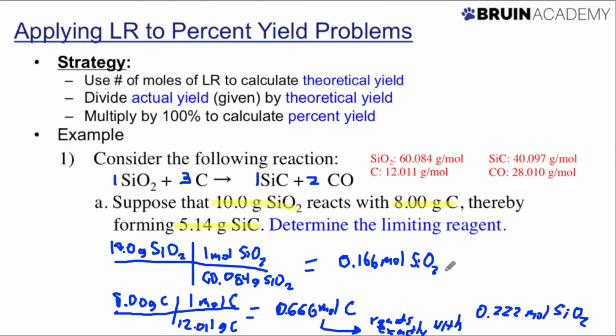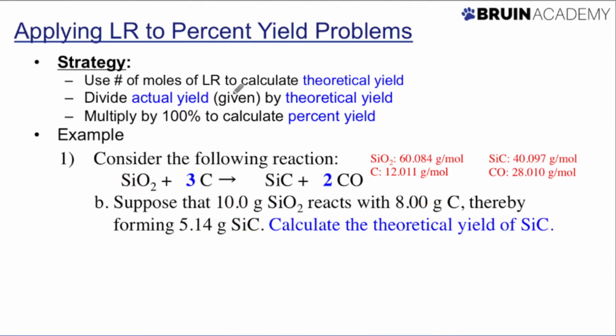So in order to figure out which one's the limiting reagent, I just compare these two numbers, right? And here I only have 0.166 moles of SiO2, so this guy is going to be the limiting reagent. SiO2 is the limiting reagent. And that's what's going to determine the rest of our calculations. So SiO2 is our answer. Okay, and we know that we have 0.166 moles.